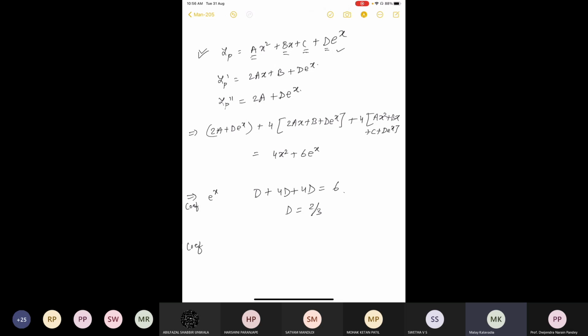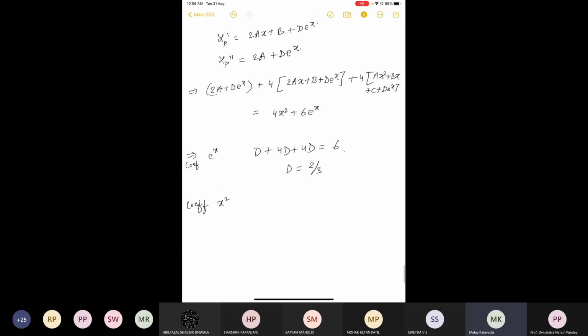Now the coefficient of x square. It will be 4a equal to 4. So this will give you a equal to 1. Now the coefficient of x: 8a plus 4b equal to 0.